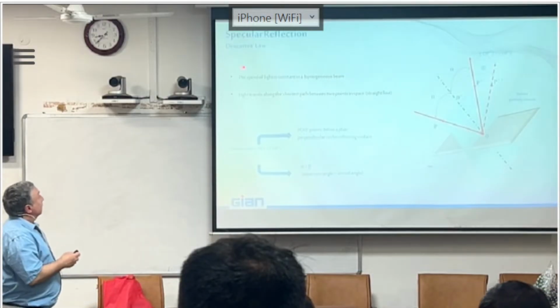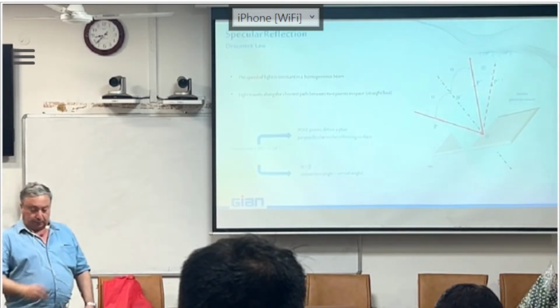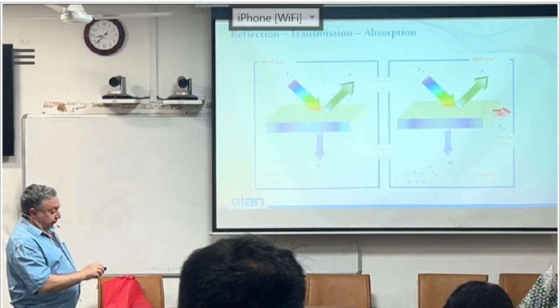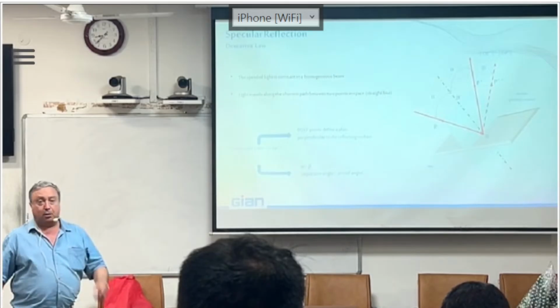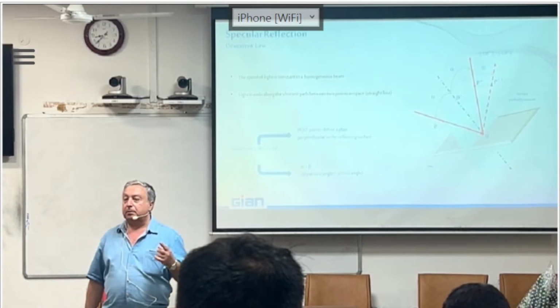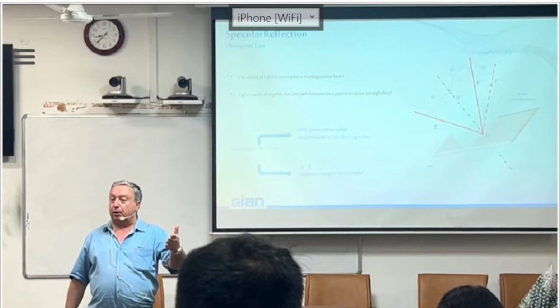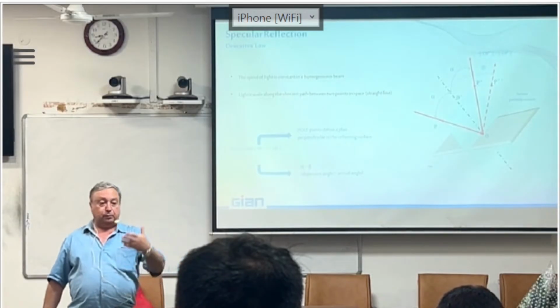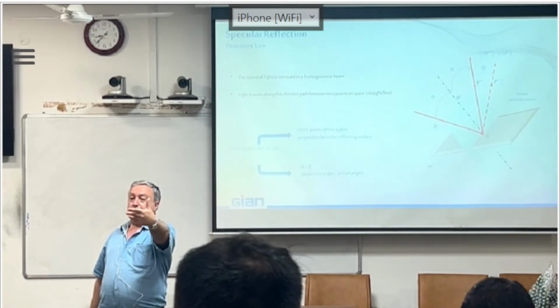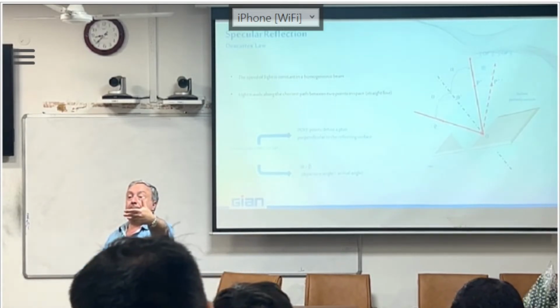Well, specular reflection, I told you, this is general for all people. There is only one kind of reflection that we call specular reflection. It is a reflection like a mirror. And you know that when you look at yourself in the mirror, you can see yourself inverted inside the mirror.